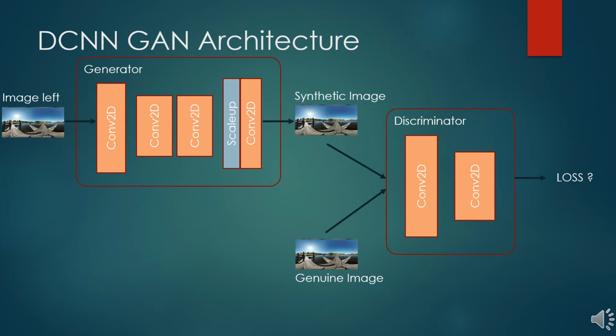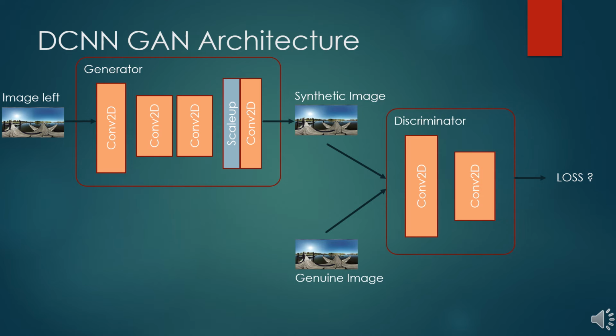So here is the overall architecture of our proposed GAN, and how we train it. Our model consists of two main components, a generator and a discriminator. The generator receives an image, and the output is a synthetic image, which is the other image in the stereoscopic pair. The synthetic image and the genuine image are put into a discriminator.